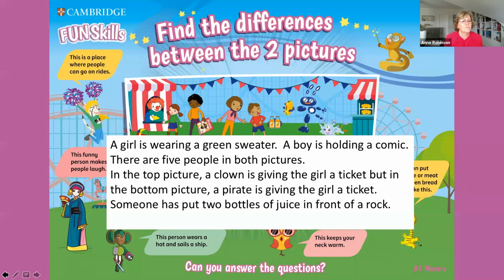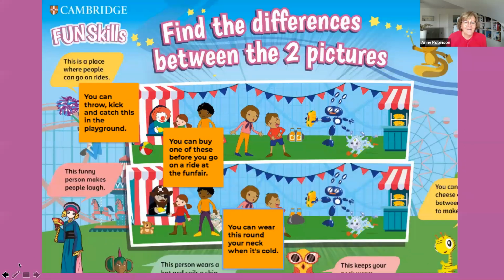Yes, Elsa. Someone has put 2 bottles of juice behind the rock. Okay, so we can describe the differences with but, or we could use the kind of who do you think put the juice behind the rock? Okay, yeah. Okay, we don't know, do we?